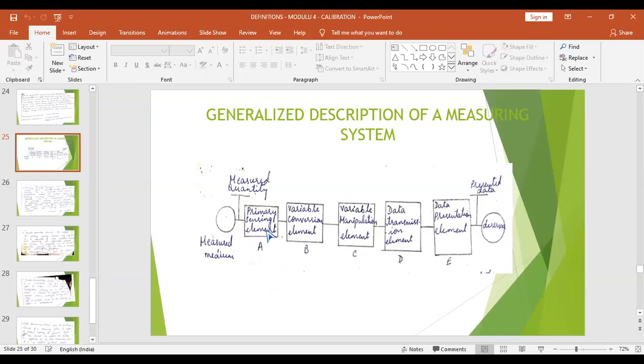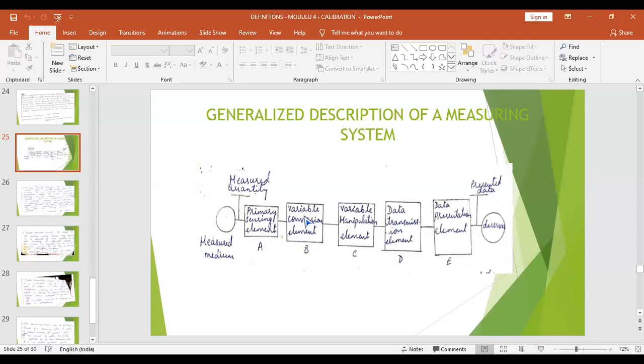That analogous signal is fed to the variable conversion element. Here you have one more amplifier that amplifies the signal coming from the primary sensing element.